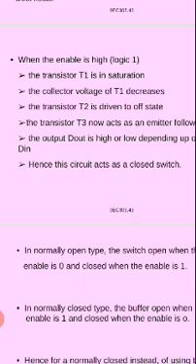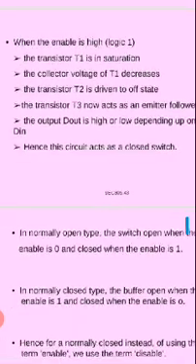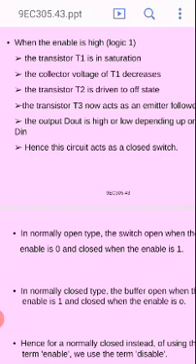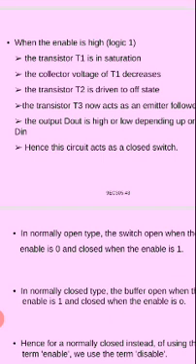In normally open type, the switch is open when the enable is 0 and closed when the enable is 1. In normally closed type, the buffer is open when the enable is 1 and closed when the enable is 0.